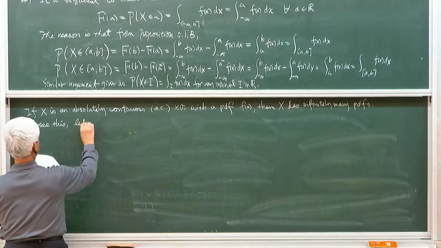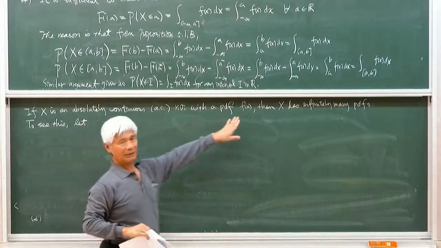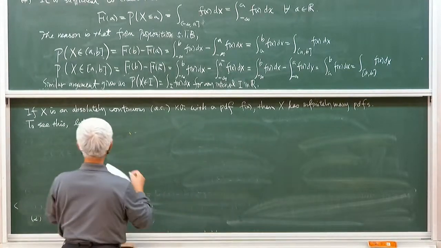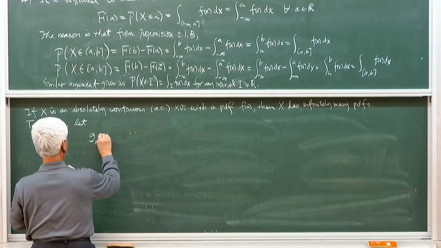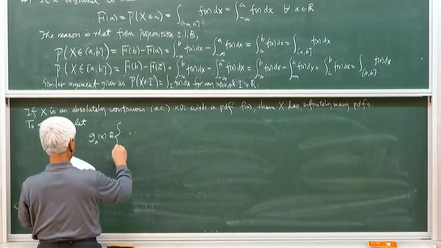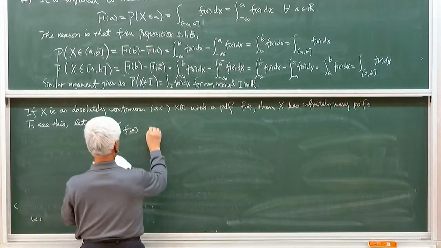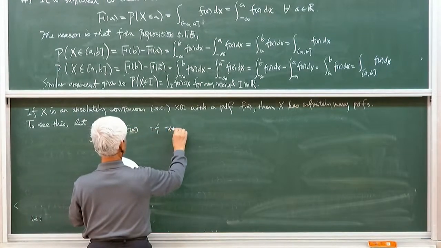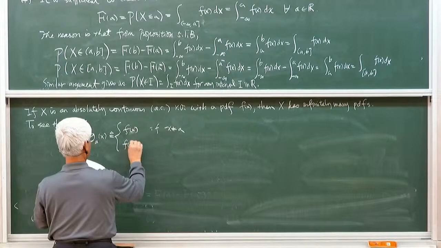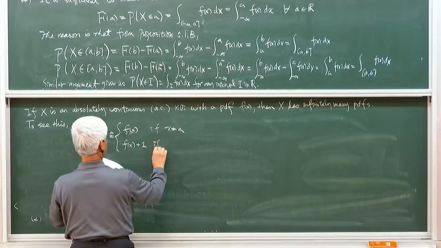we let, suppose we have one, f of x. Then we construct g_a of x. We define the function g_a of x equal to f of x if x is not equal to a, and f of x plus 1 if x equals a.